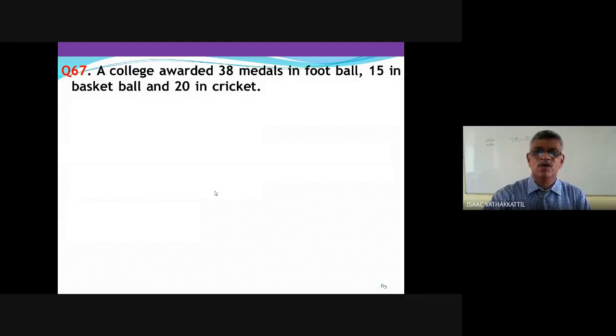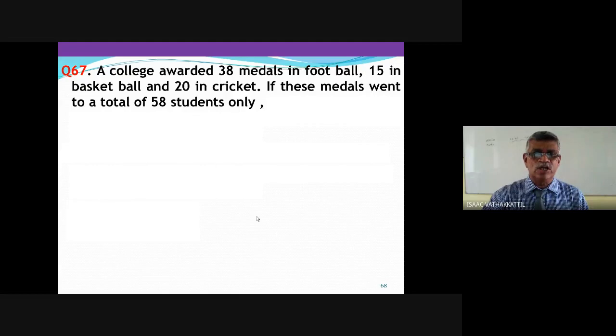Now let me see how the children got it. Suppose these medals went to a total of 58 students, only 58 students were there to bag all these medals. So few of them got 2 medals, few of them got 3 medals, few of them got 1 medal.